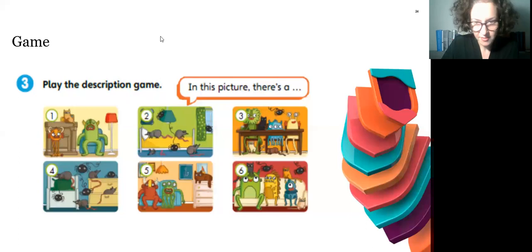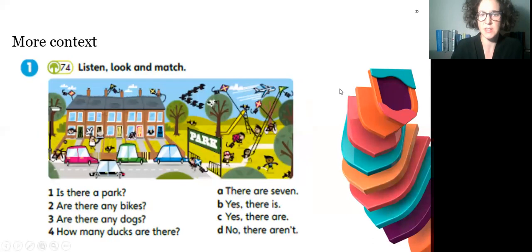Picture 4. Picture 2. Picture 4 and picture 2. Perfect. And you see, it's even interesting for you to have a look, because it's a kind of a game, and students can play this game together in groups or in the open class as you build it. Now, you still model it, and they can proceed in pairs or in teams.